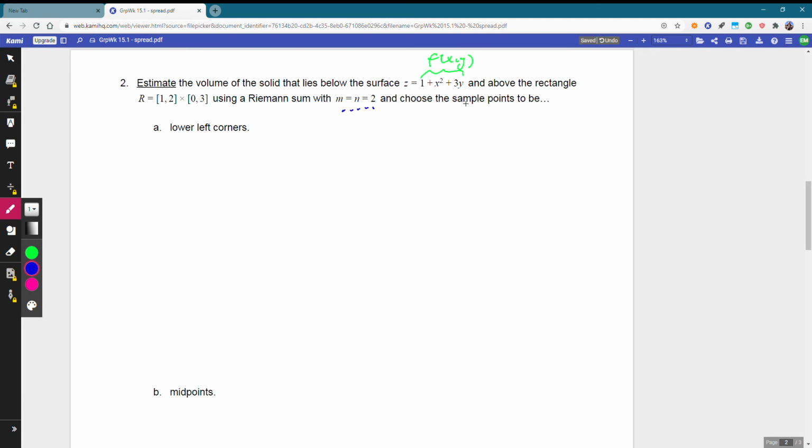So let's get a graph of our rectangle to start. And so our rectangle, draw a big graph here. The x's move from 1 to 2, and the y's move from 0 to 3.